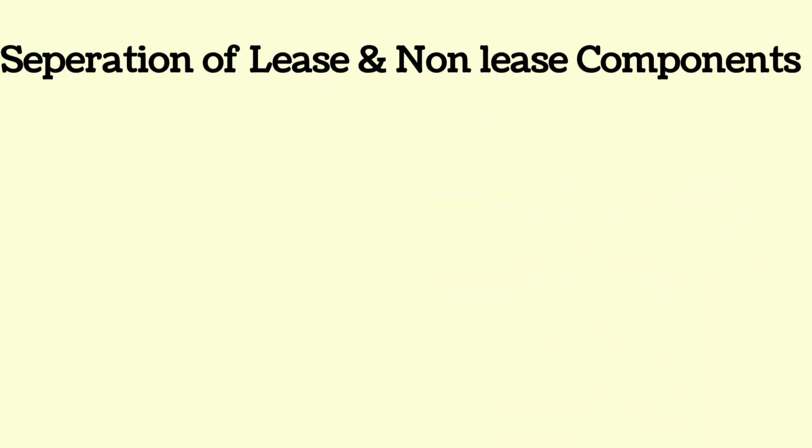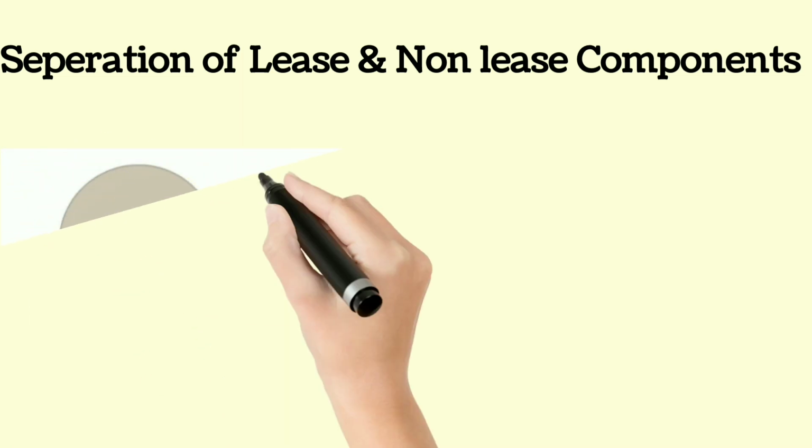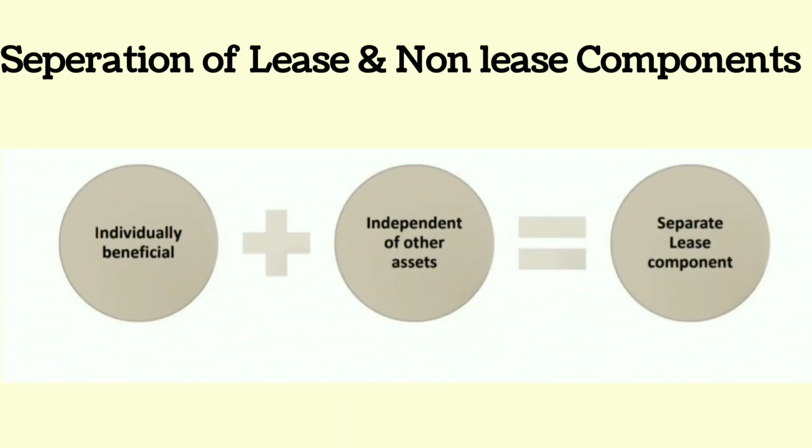Next we come to the concept of separation of lease and non-lease components. There are certain contracts which contain the right to use multiple assets. For example, a building and equipment are leased out. In this case, the contract contains the right to use multiple assets, and there may be a separate lease component if two conditions are satisfied.